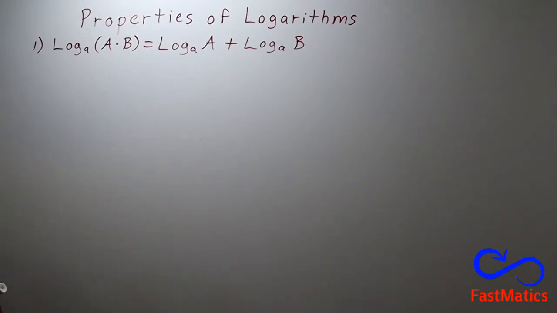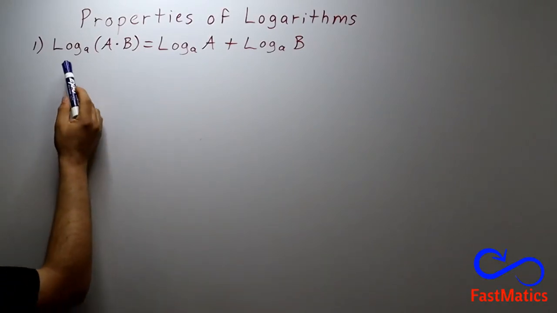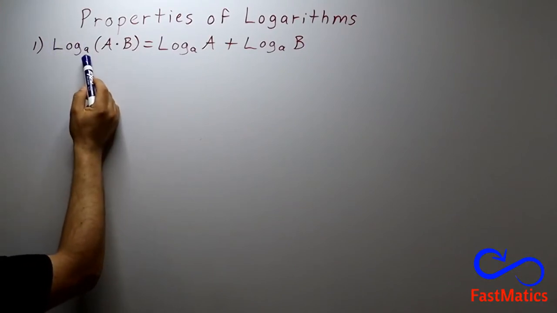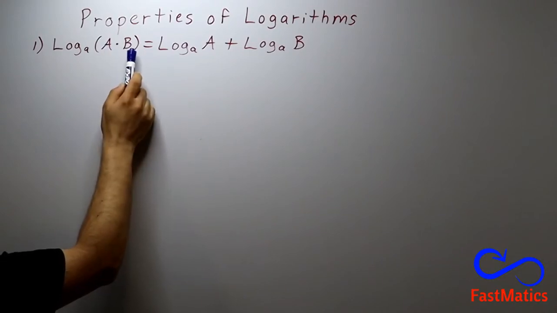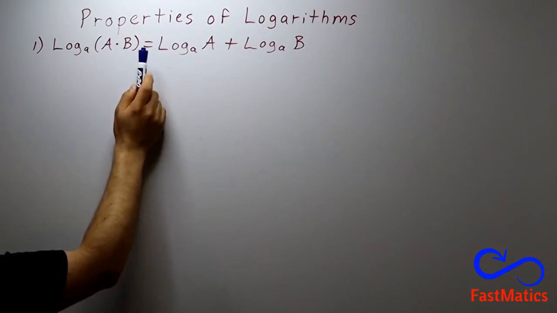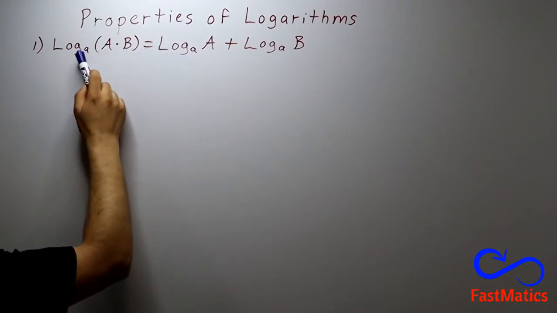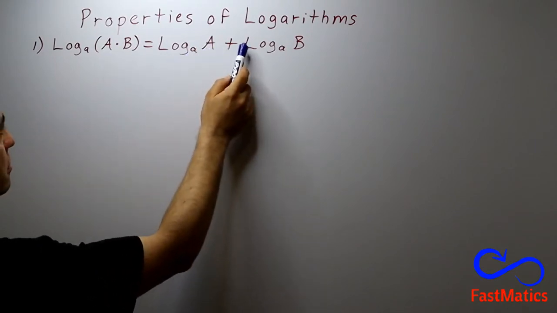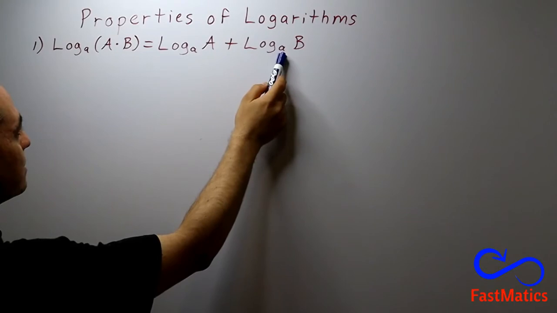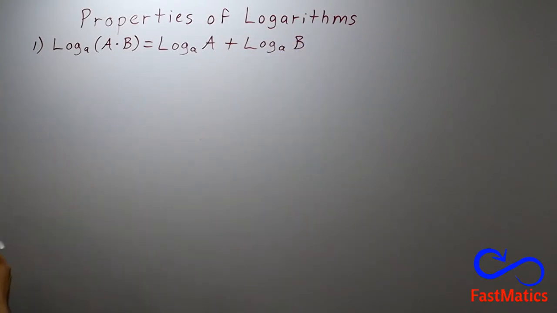First property. If you have the log base anything of a multiplication, you will get the log with that base of the first factor plus the log with that base of the second factor.